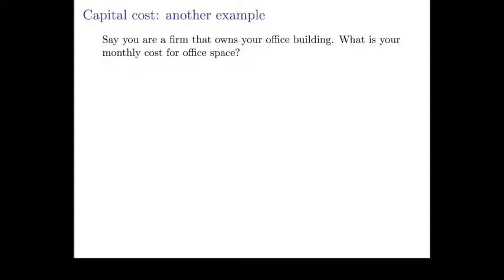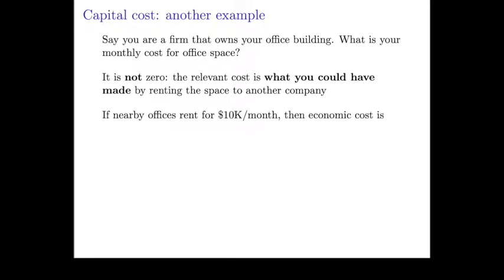Let's look at yet another example. Let's suppose you're a firm and you own an office building. And we want to know what's your cost of using the office space that you use. What's the monthly cost of this office space? Well, it's not zero just because you own it.